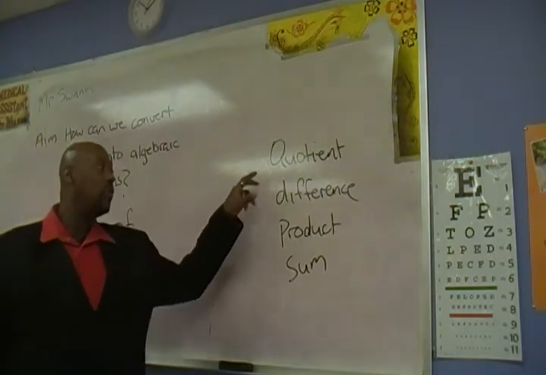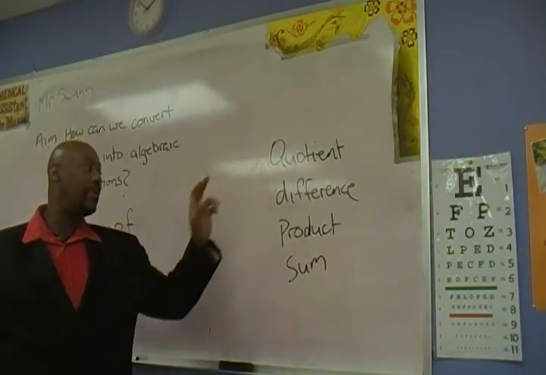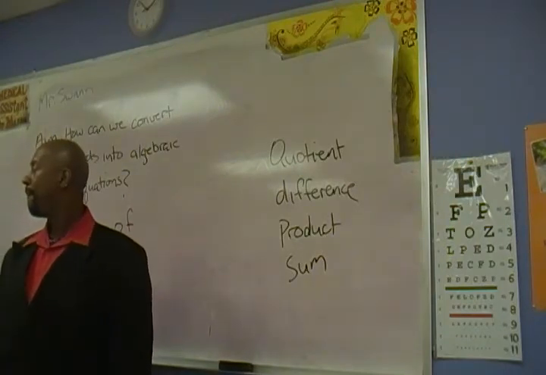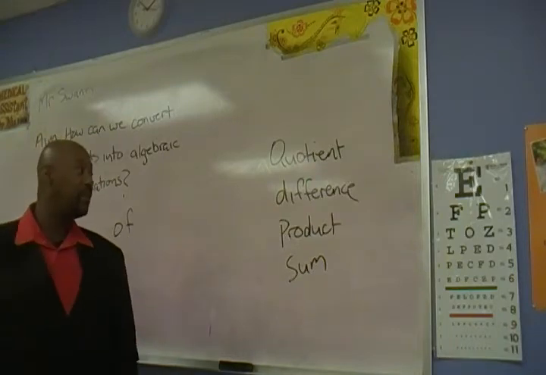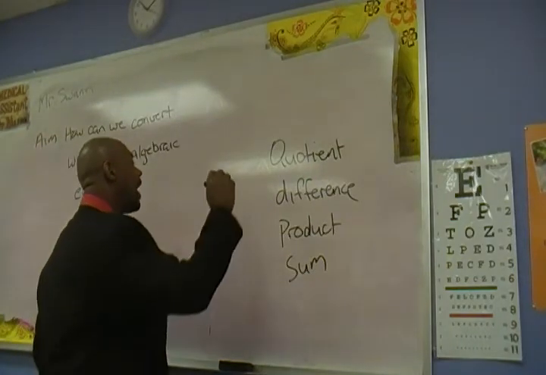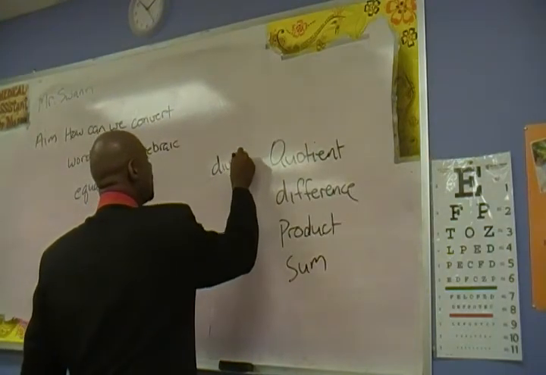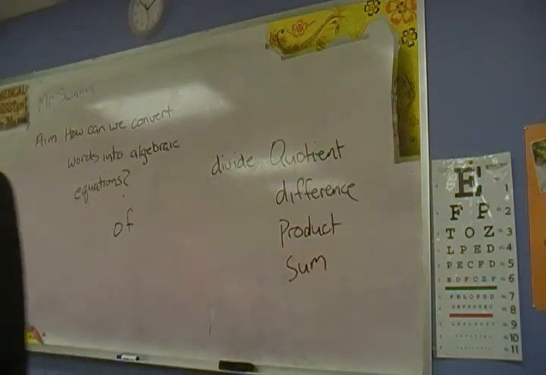So if you see quotient, what's the operation that you're going to do to get the quotient? I don't know what that means. Quotient is what happens after you divide. After you divide, you get the quotient.